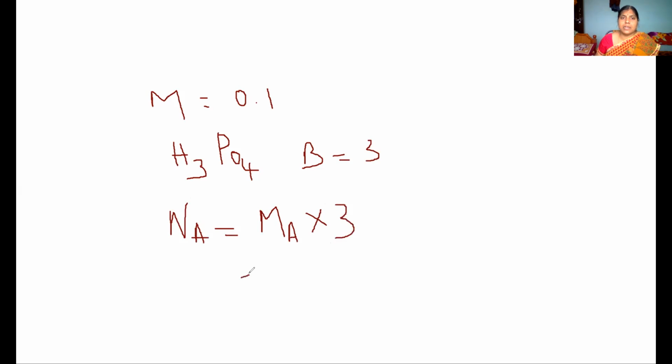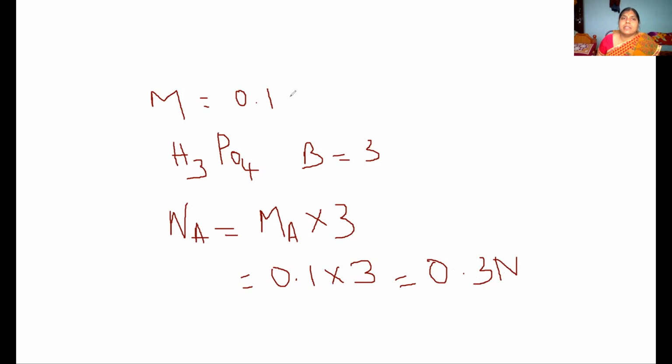So what is the molarity here? 0.1. What is its basicity? 3. So what is the answer? 0.3 is the normality of 0.1 M phosphoric acid.